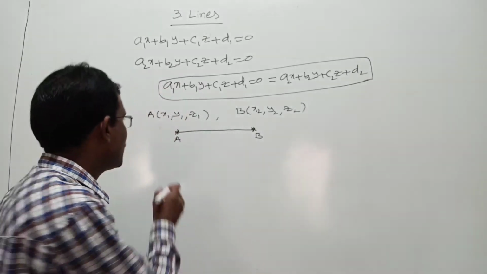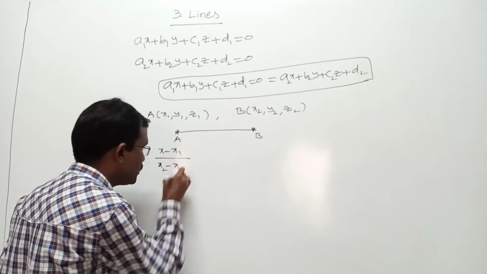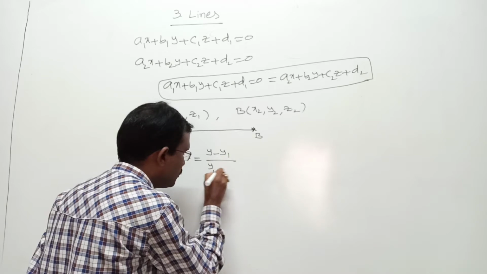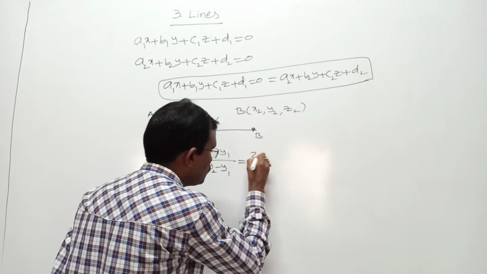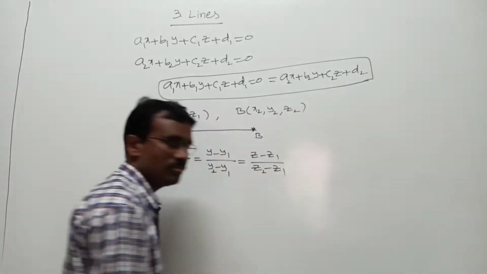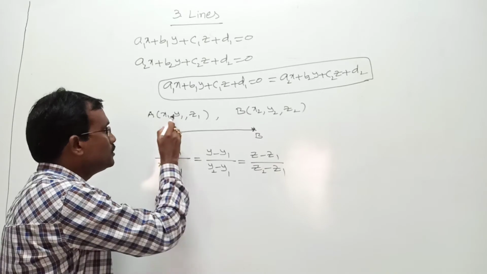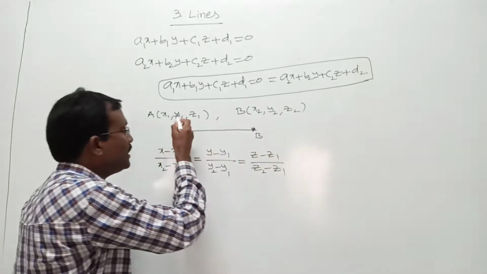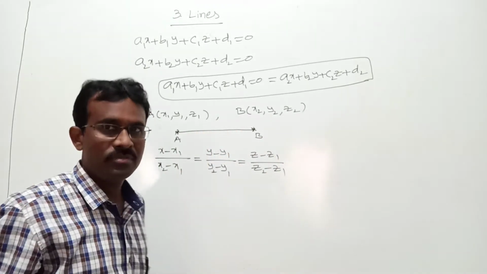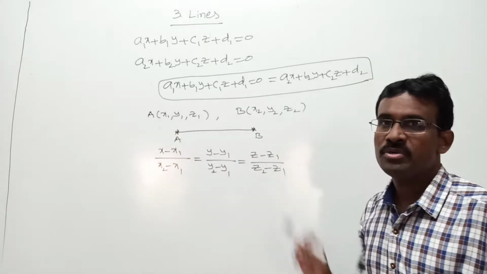The equation of this straight line is x minus x1 by x2 minus x1 equal to y minus y1 by y2 minus y1 equal to z minus z1 by z2 minus z1. This is a line passing through these two distinct points, right?